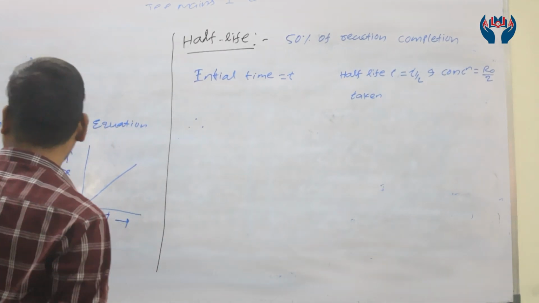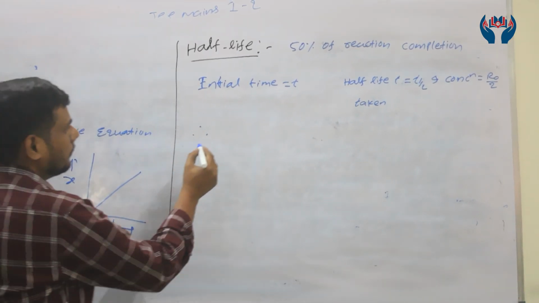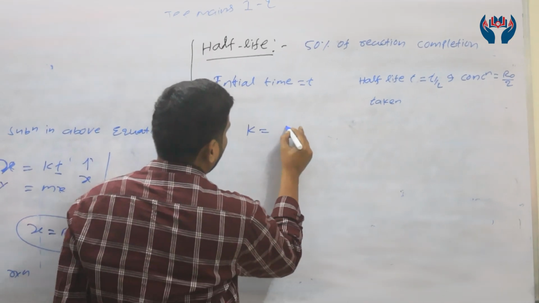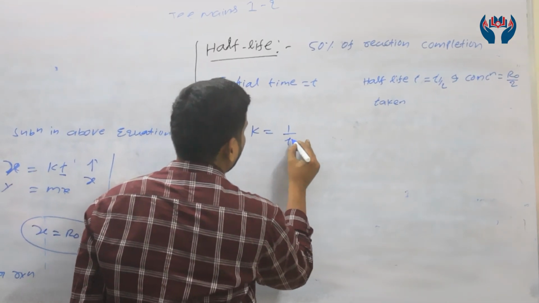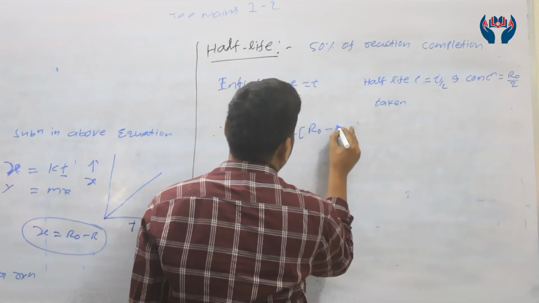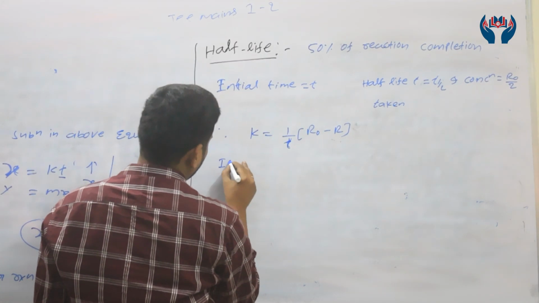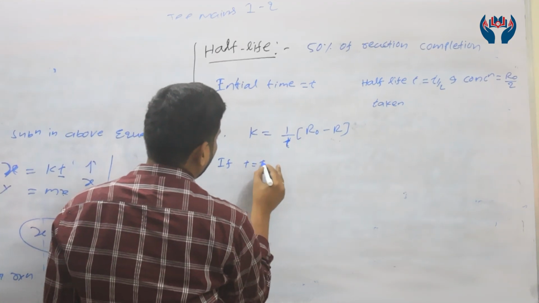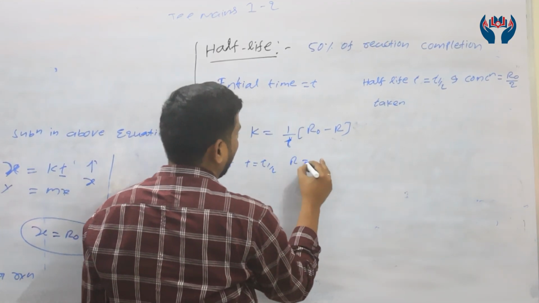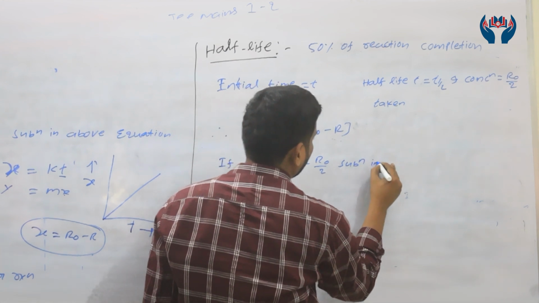For the zero order reaction, K equal to 1 by t into (R0 minus R). If t equal to t half and R equal to R0 by 2, substitute in the above equation.